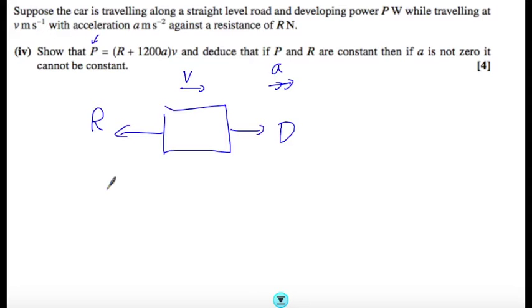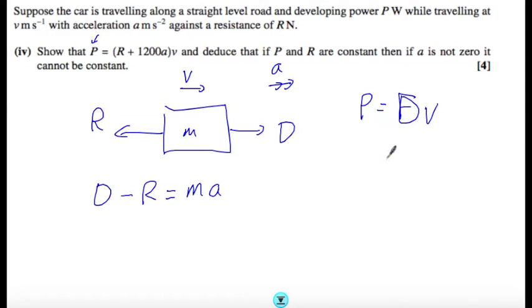So the overall force to the right is going to be D minus R, and that's going to equal M times A. They don't give us a mass, so let's call it M. Now, we also know that power is force times V, but we've used D for the driving force, so power is D times V. So to get P into this equation, D will be P over V. Right, that looks helpful.